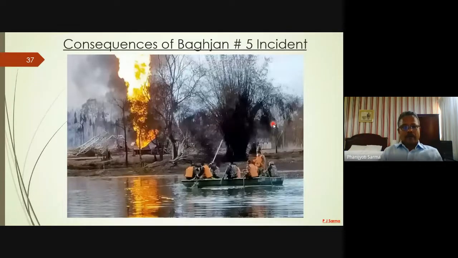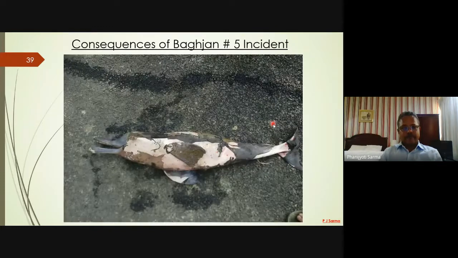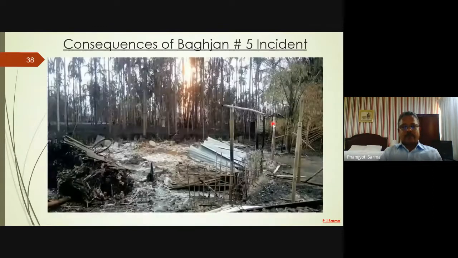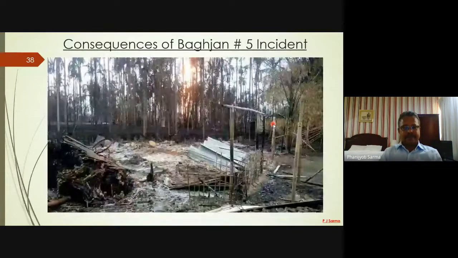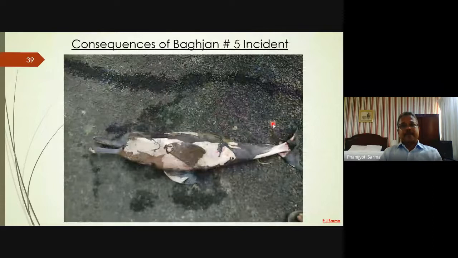So the result was catastrophic. You all know what the consequences were. I'm not going into details, just showing some pictorial representation of the disasters, and these are the consequences if the well intervention is not planned and executed the way it should have been.